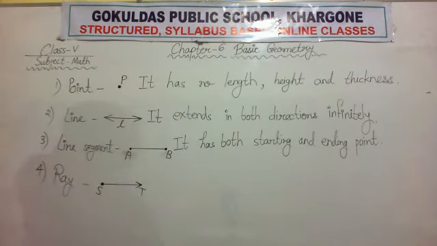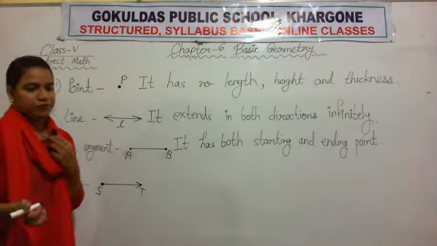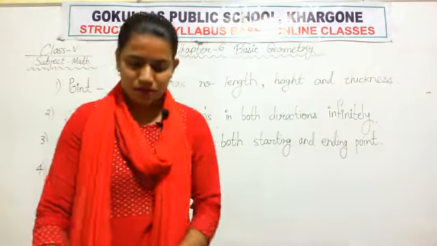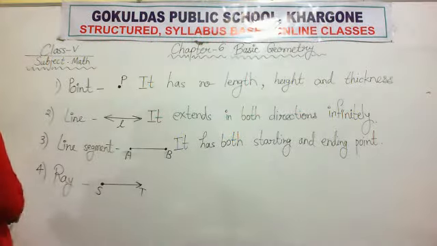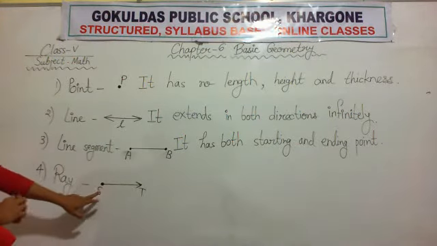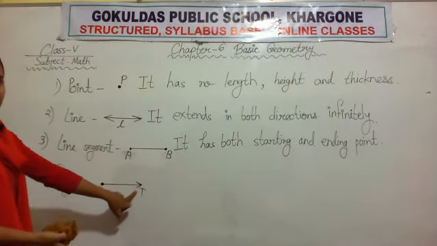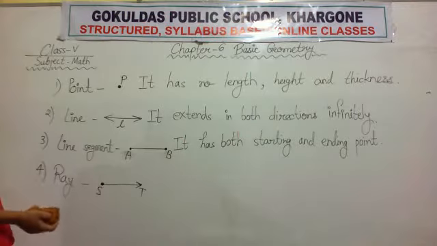So this is how we can give names to the symbols. These were the basic terms. A ray has one endpoint and at the opposite end we can extend it infinitely.